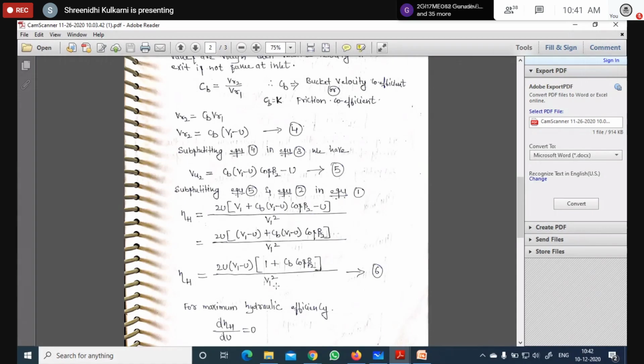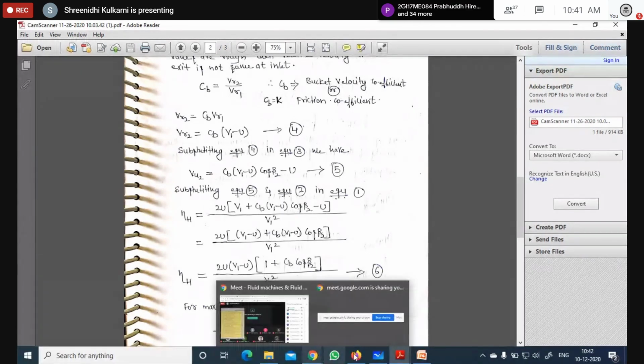I'm going to call this equation 6. Do you have any doubt up to equation 6?